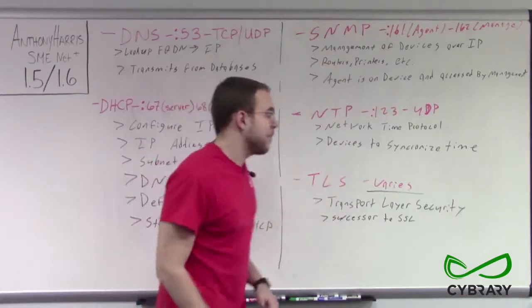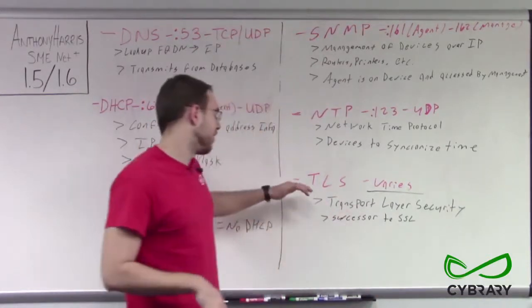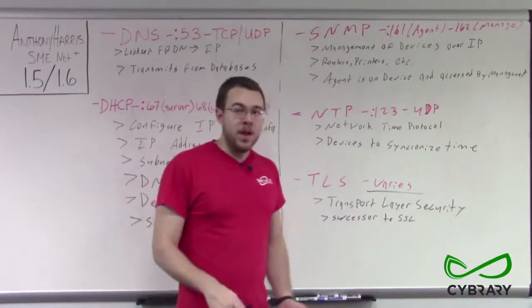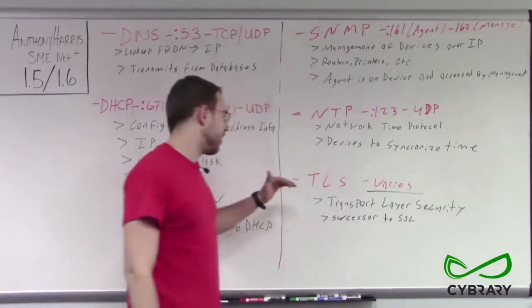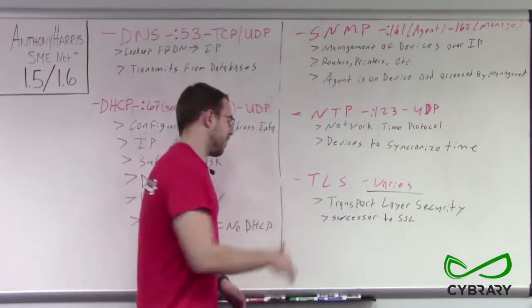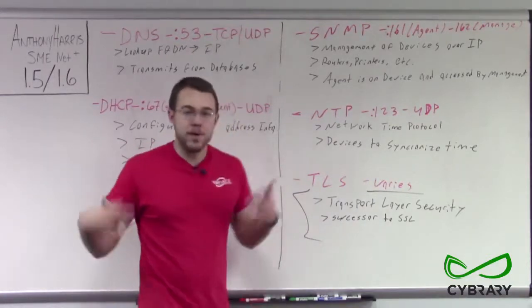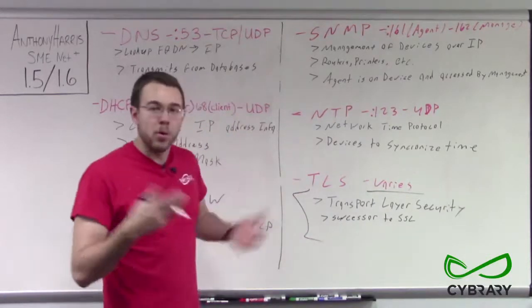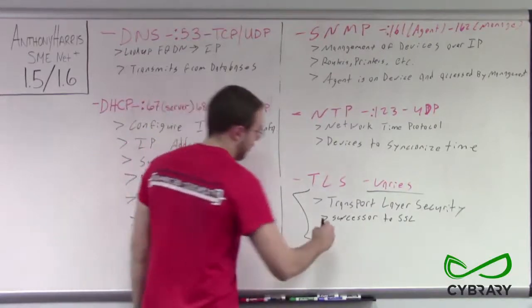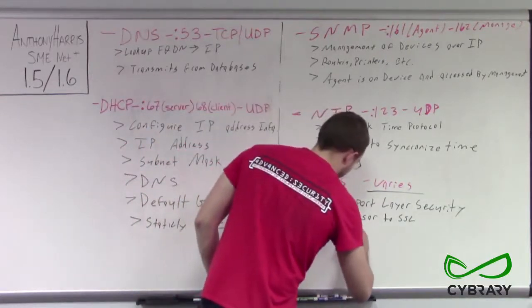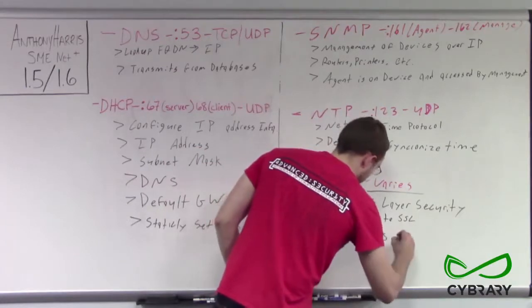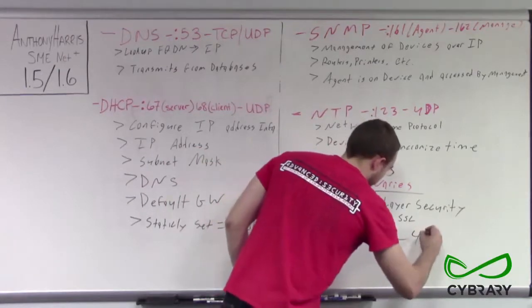We also have LDAP, and LDAP has a version running on TLS, which is a completely different port. So we need to understand that when we see TLS, it is going to be used on different ports based on what protocol it's securing. So if we hear TLS in the context of HTTPS, then HTTPS would be port 443.